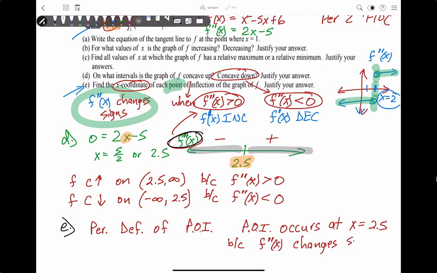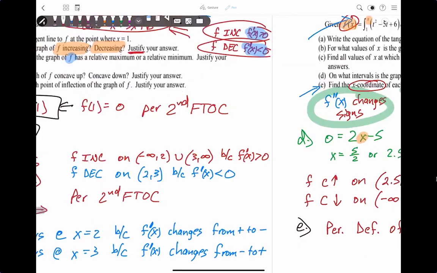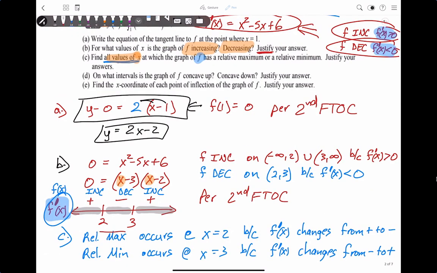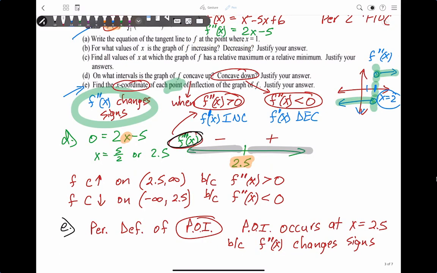Now, you don't have to say changes from positive to negative or negative to positive specifically the way we did back here on part C with relative max and mins, because there's a difference between a max or a min. A point of inflection is a point of inflection. Whether it's this way or whether it's this way, it's still a point of inflection. So just the fact that you're just mentioning changes of signs, that's good enough.